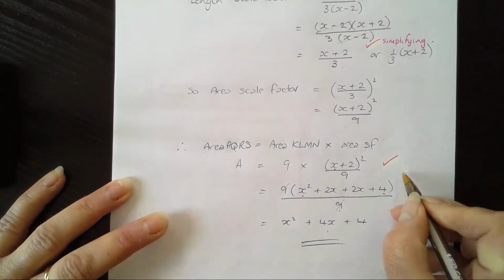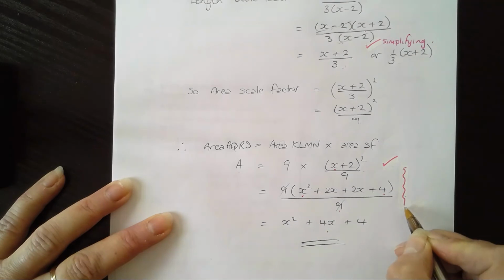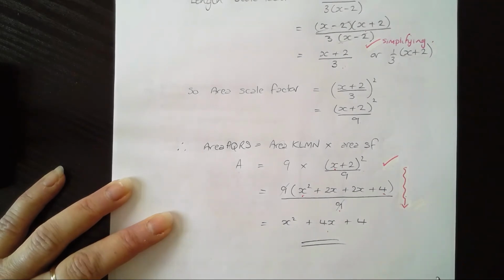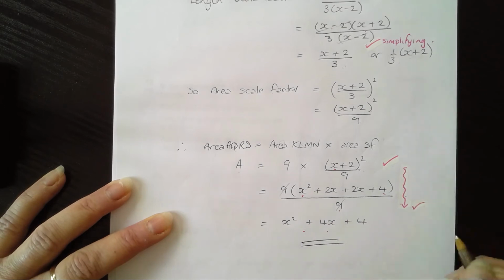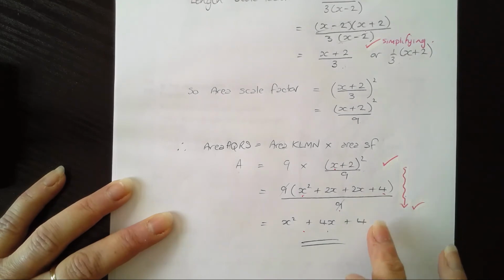And then your final mark is for some fully correct algebra that produces the answer that you're trying to get. So you need to show that that's expanded, you need to show that these are cancelled, and that once you've expanded and simplified, you end up with x squared plus 4x plus 4. The algebra must work to get that final mark.